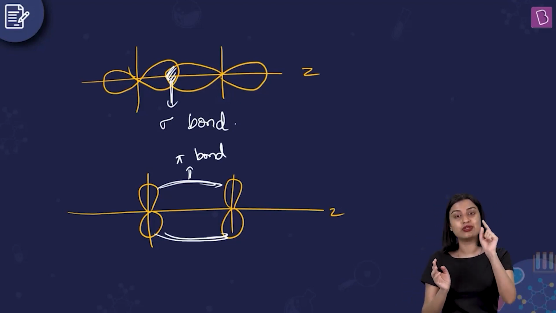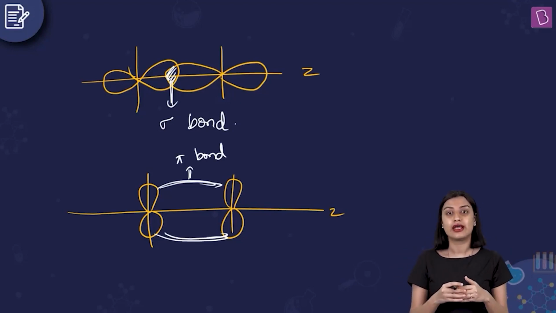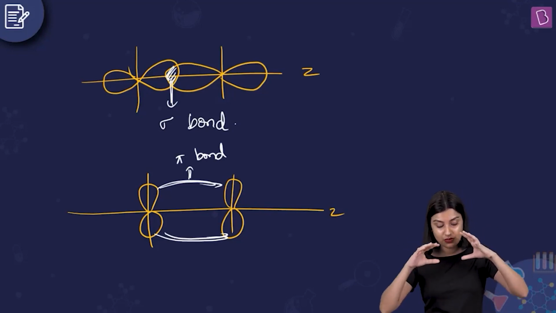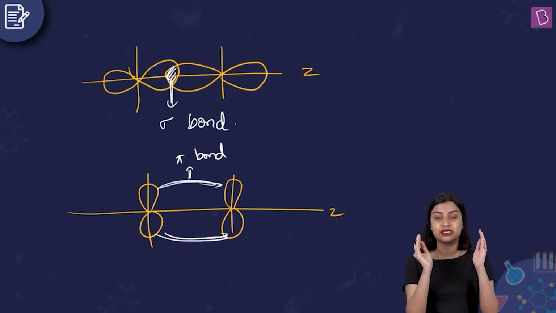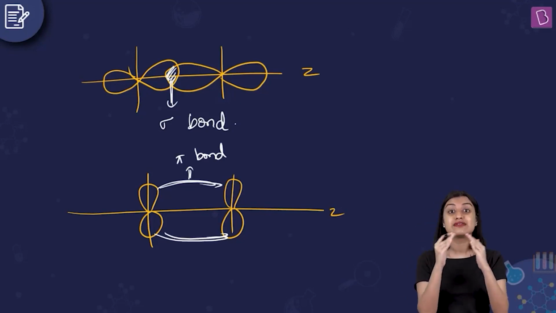So anyway, what you need to take away from here is that in sigma bond you have a head-on overlap, right? Your effective overlap is more. Whereas in a pi bond, you have a lateral overlap, so the overlap is very less.